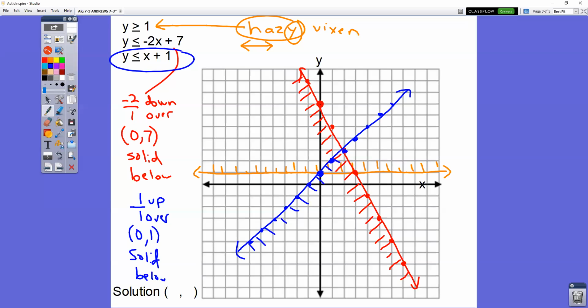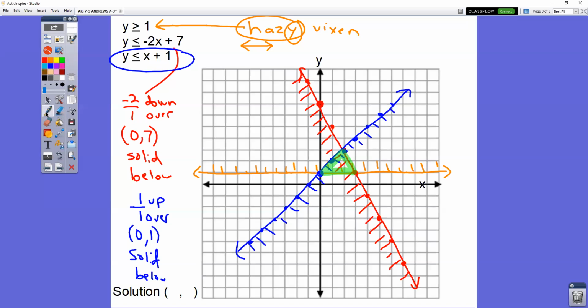Now, take a look at our small little narrowed down area that we have. Our answer is very, very limited in this question. It is only in this little area. That's the only possible place that our answer could be.